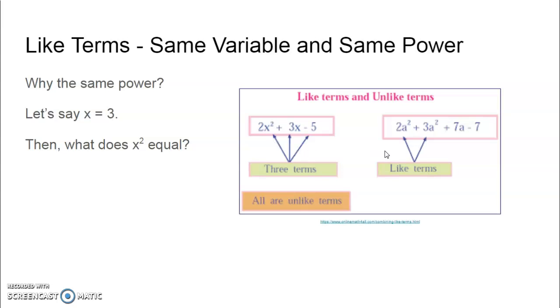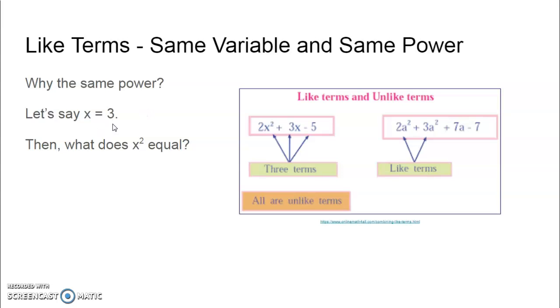None of them are to the same variable to the same power. But if you look over here on the right, this expression has 4 terms. The 2a squared plus the 3a squared, those are like terms. So if we wanted to, we could simplify that by combining these two to make it 5a squared plus 7a minus 7. Well, let's take a look at this. Why does it have to be to the same power?